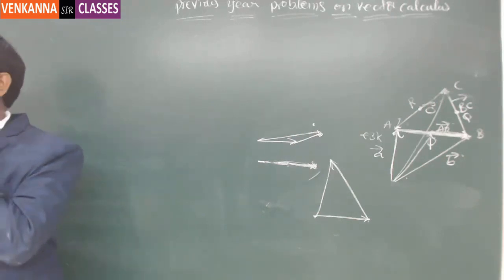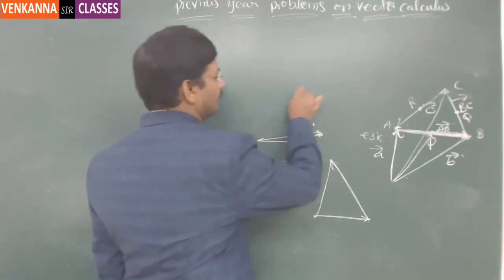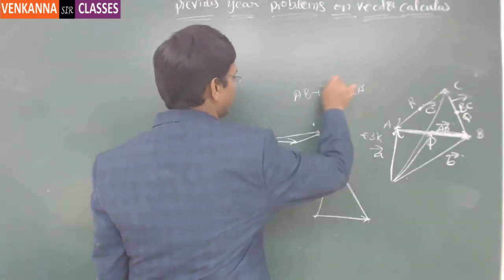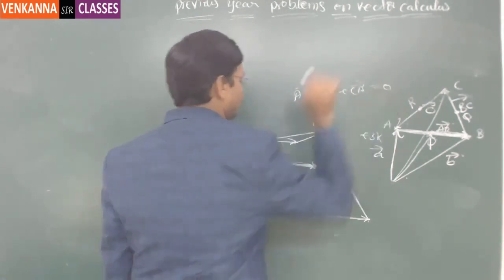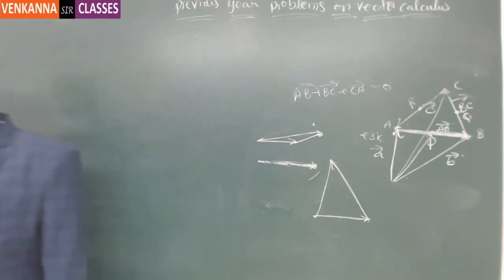As long as it satisfies the triangular law of vector addition, that is AB plus BC plus CA is equal to 0, then we say it is a triangle. So a triangle with 0 area also can be possible. I think we don't need to do that.